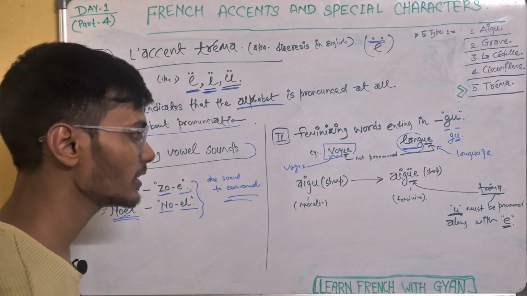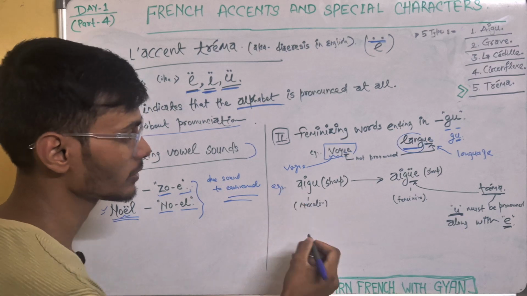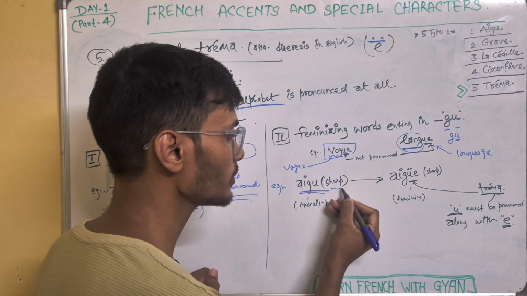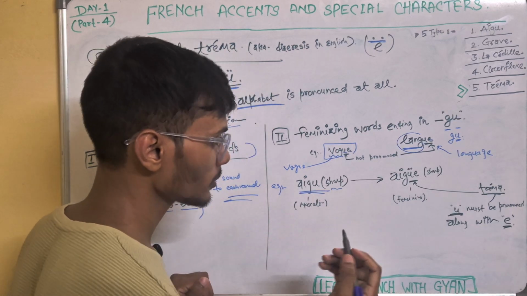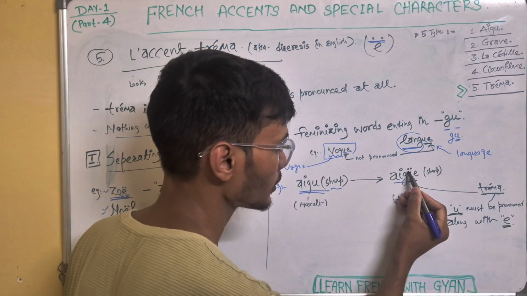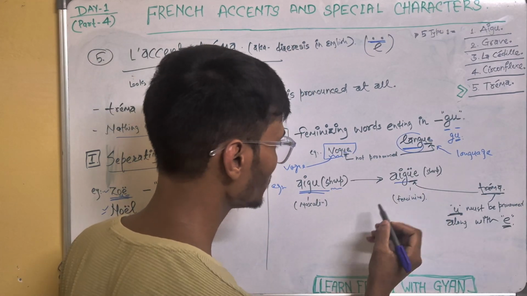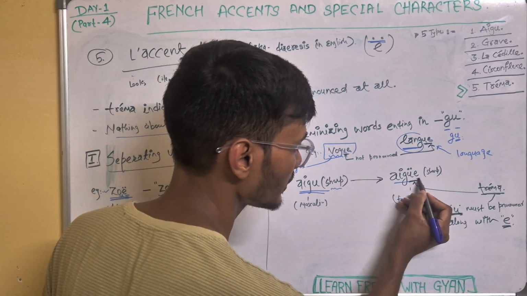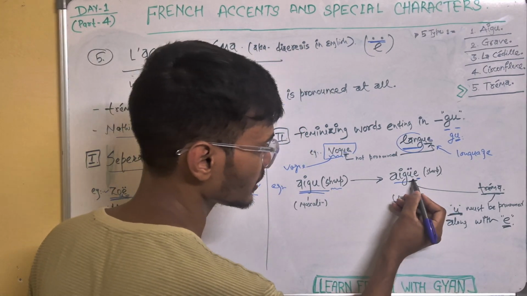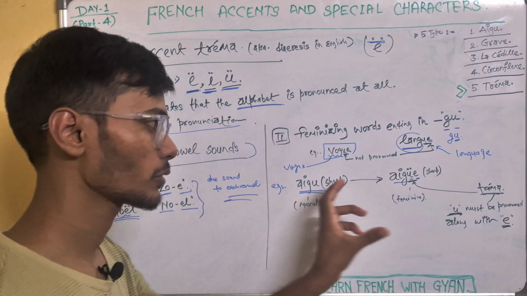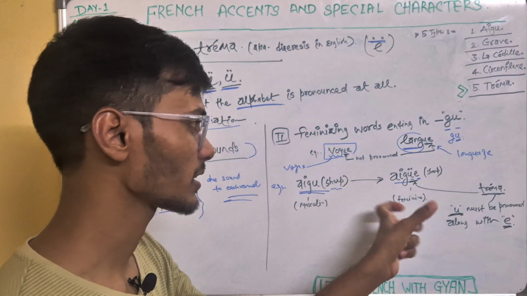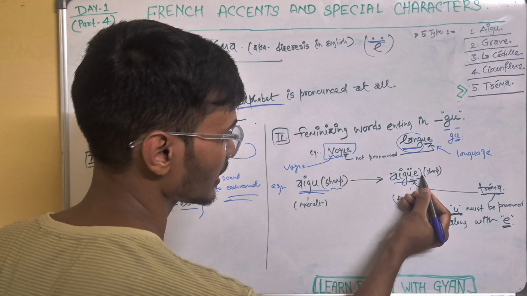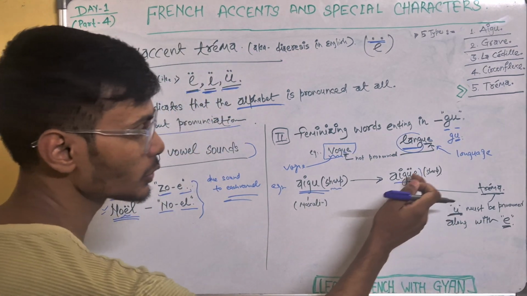Let's take this example. I'm going to tell you how you make the word feminine. This word, aigu, means sharp. You put the trema upon the u and e at the end, so it becomes feminine. For the feminine we have e, and then we put this trema at the end, so that you give the context that you have to pronounce the whole word till here, rather than leaving out the u and e.